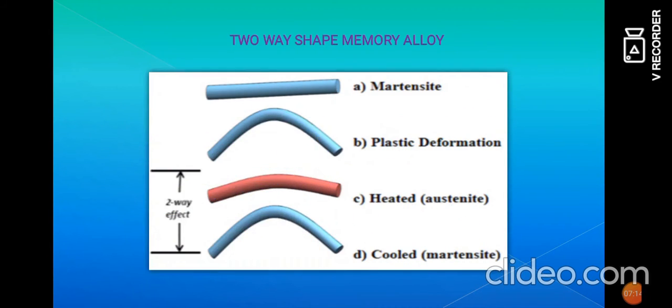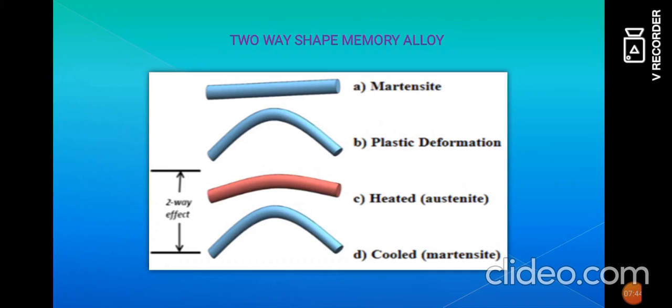Here we see the two-way shape memory alloy. Here we have to apply the heat energy, and also the material should be cooled so that it will regain the original shape. So in this picture we can clearly see the original shape of the shape memory alloy, which is nothing but the martensite phase. When you apply a small force, the material is slowly bent as shown in the figure. Now the material is heated.